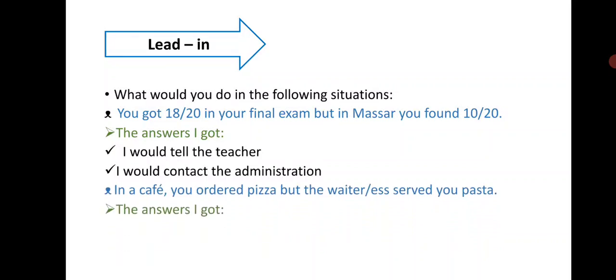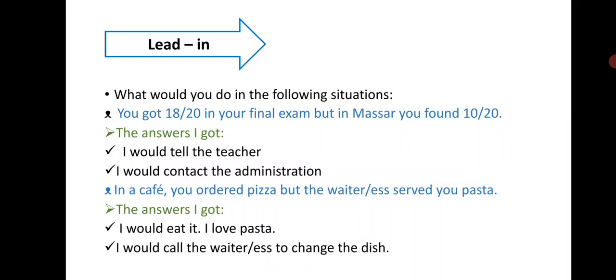So the answers I got were, I would eat it. I love pasta, said one of my students. Other students said that you would call the waiter or the waitress to change the dish. So for this stage, I devoted 5 minutes for discussion.